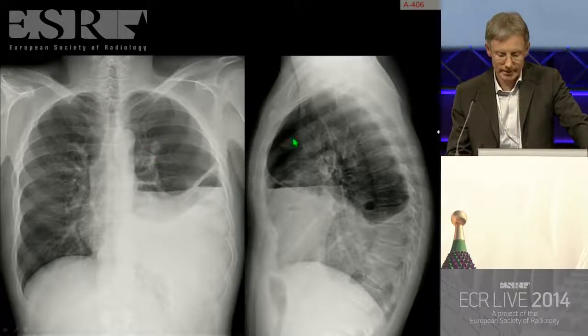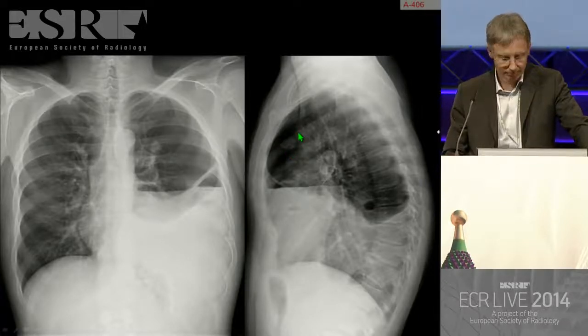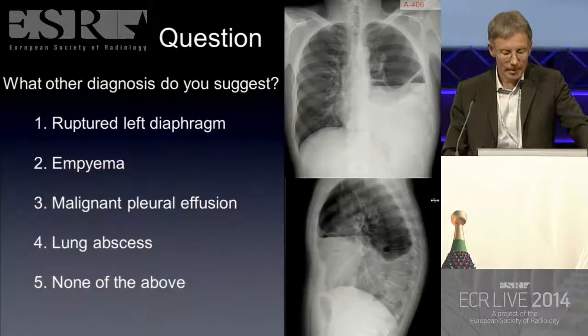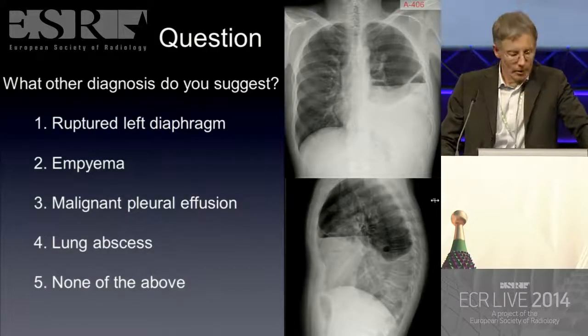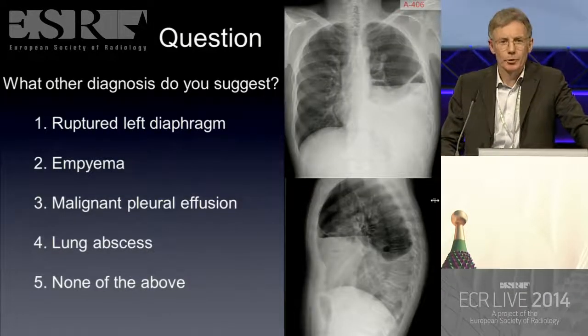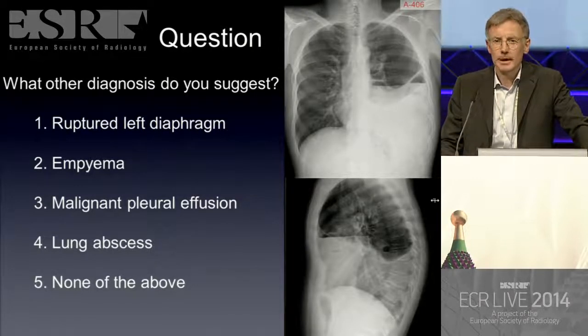Well, it's in the anterior segment of the left upper lobe. But the question is, what other diagnosis do you suggest? A ruptured diaphragm? An empyema? A malignant pleural effusion, a lung abscess, or none of the above?